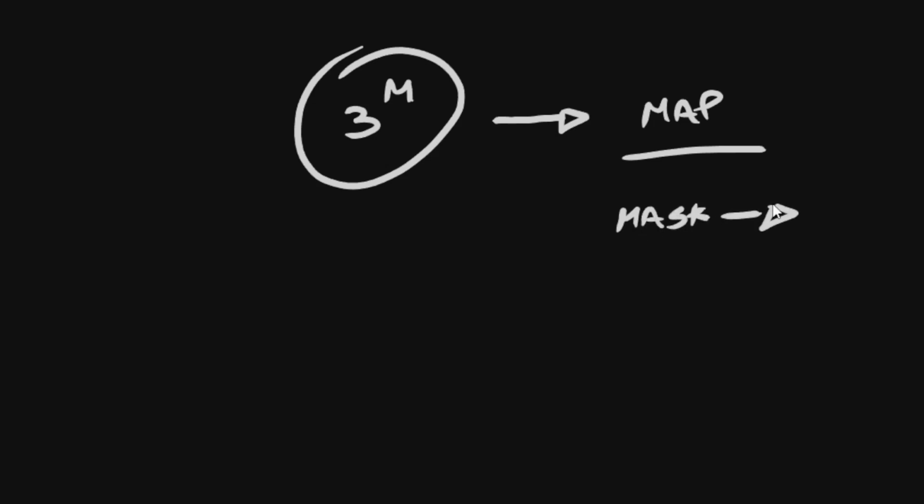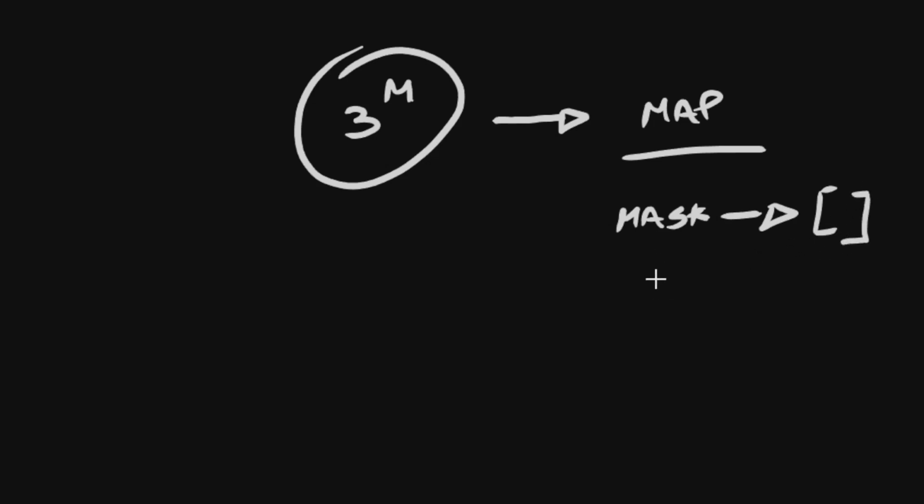We know that for each row we can have up to 3 to the power of m possible combinations. So we will store each one of these combinations in a map, in the form of the number of the mask, and this will have as a value an array with the current combination.